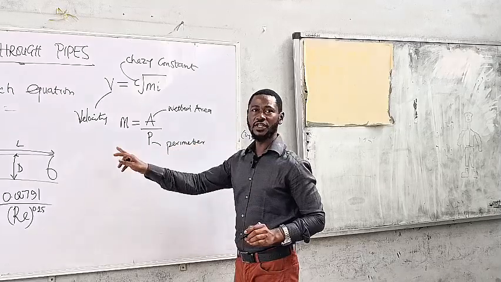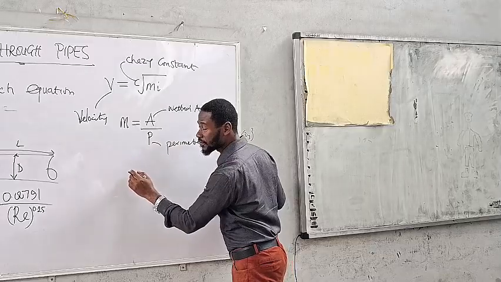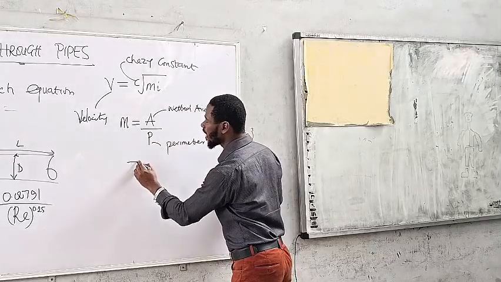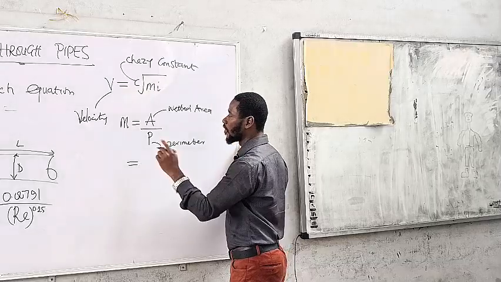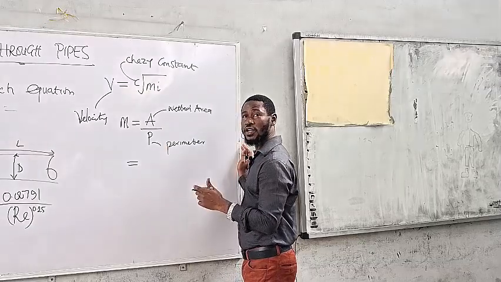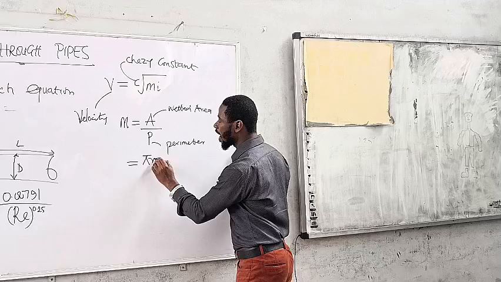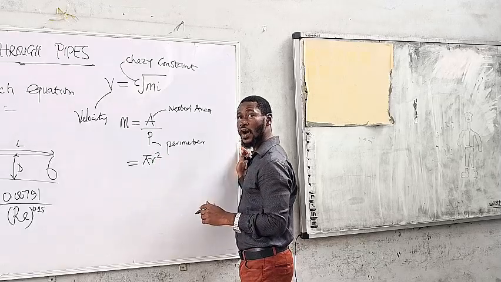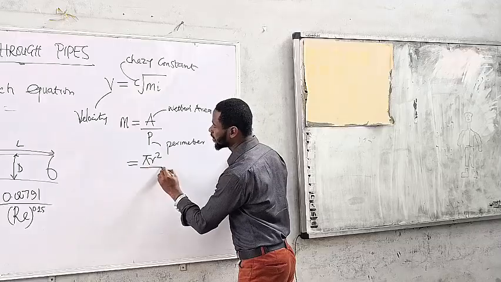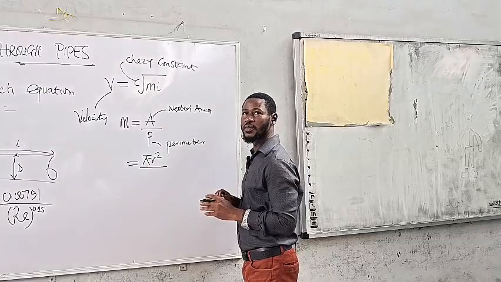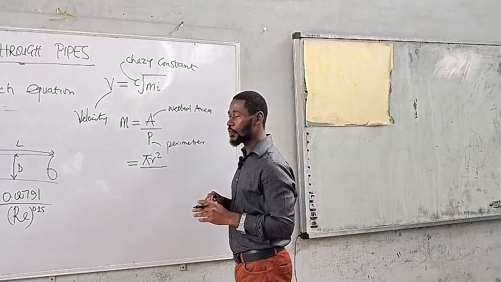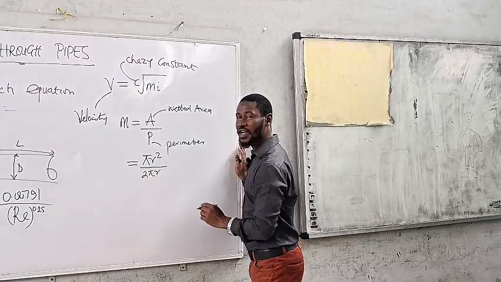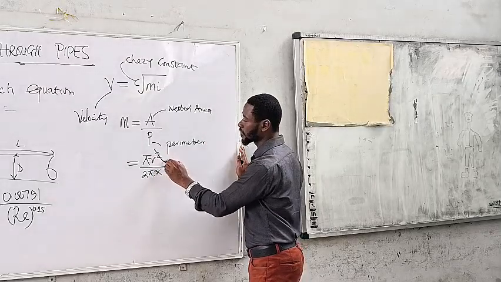Now, how do we determine this? For a schematic of this nature, we all know that the area of a cylinder is what? Pi R squared, or pi D squared over 4. What is the perimeter? 2 pi R. So we can reduce this equation down to this.